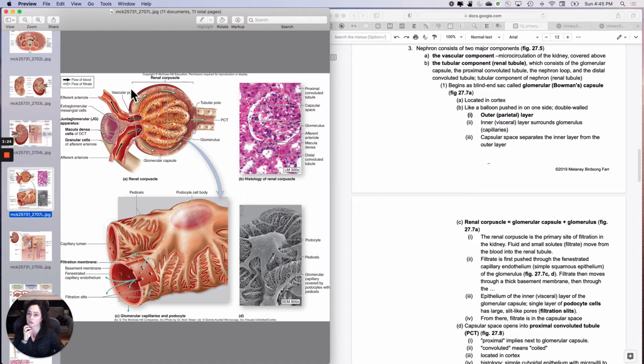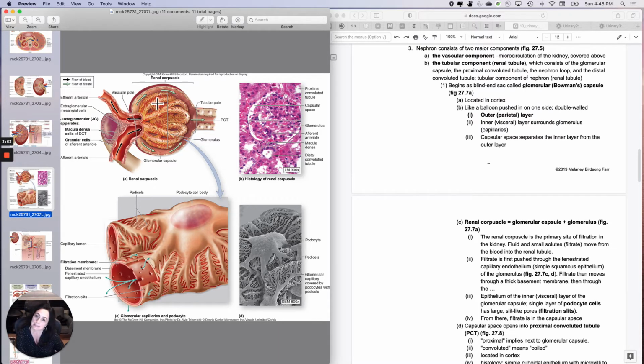Now this structure that has both the capillaries and the capsule is called the renal corpuscle, and this is what it looks like inside the kidney. The renal corpuscle is really important because this is the primary site of filtration. The reason it's so good at filtration is because the afferent arteriole is much bigger than the efferent arteriole, and the capillary itself is really, really porous, holey.